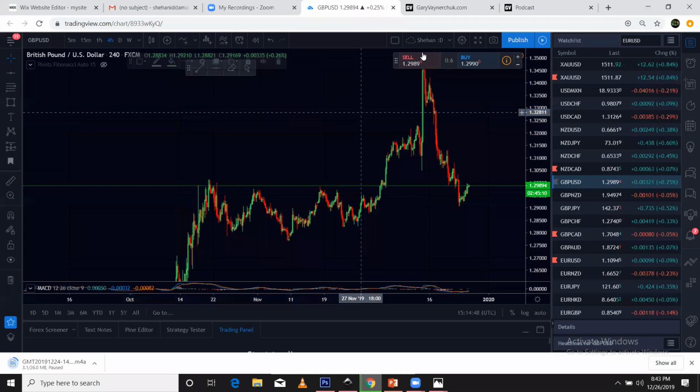Drawing a zone is more accurate than drawing a line. Tomorrow I will cover how to draw it to the perfect highs and lows, because even if you're drawing a box, you need to draw it accurately to the right highs and lows. You can't just draw the box. Tomorrow I'll be covering that with my strategy, so that's going to be easy for me.